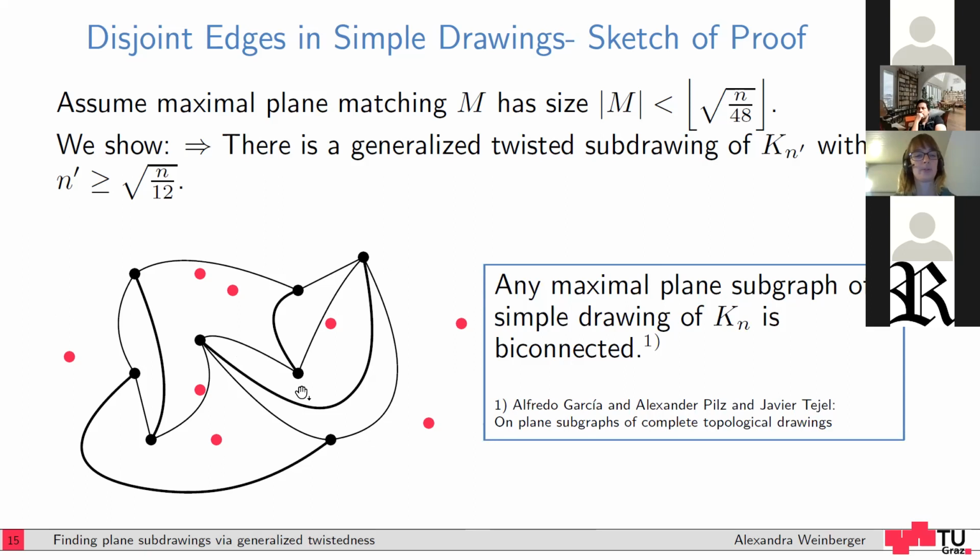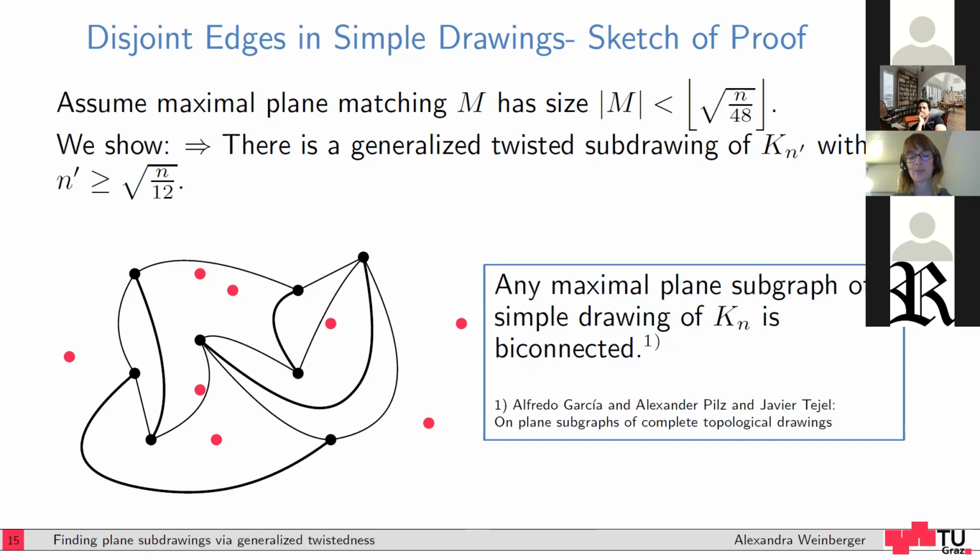So we know that what we have here is a biconnected plane subdrawing, and the vertices of this drawing are exactly the matched vertices, and the unmatched vertices are distributed somehow in the faces of this subdrawing. We don't know exactly how they are distributed.